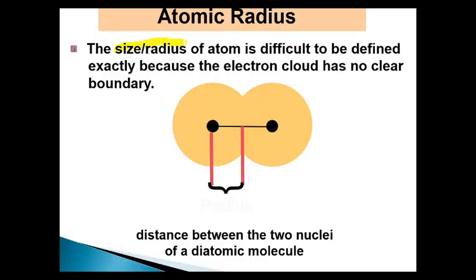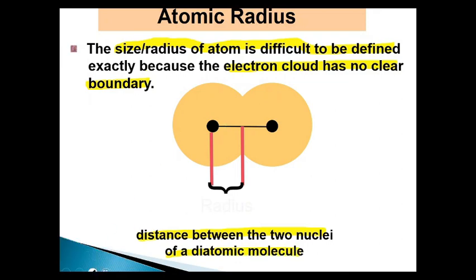The size or radius of an atom is difficult to define exactly because the electron cloud has no clear boundary. But we can say that atomic radius is the distance between the two nuclei of a diatomic molecule.